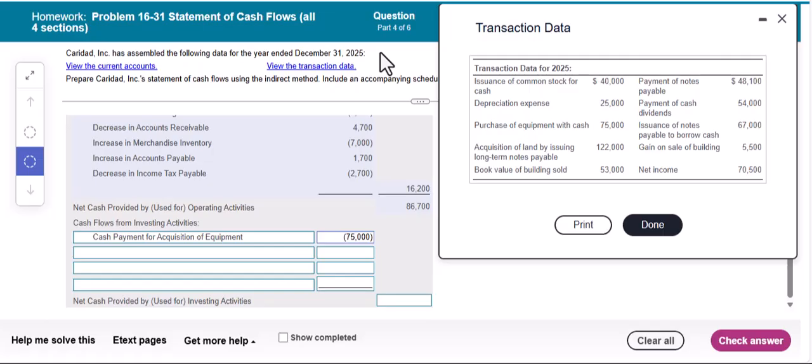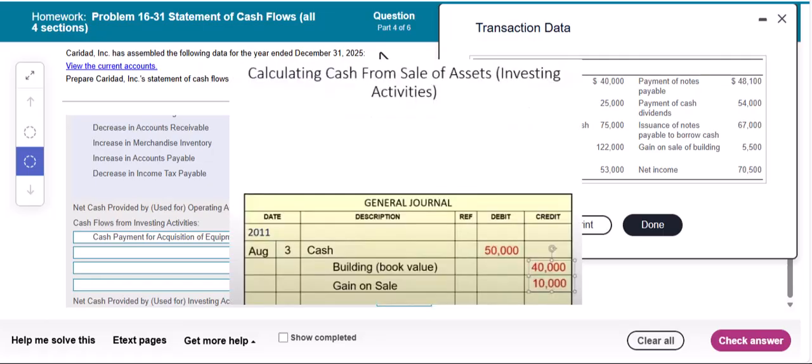So let's fill in these amounts with the information we have in our actual problem here, since we're just looking at an example. So we have the book value of the building is 53,000. So what we're trying to find out is this number. And then we need to see if we have a gain or a loss from the homework problem.